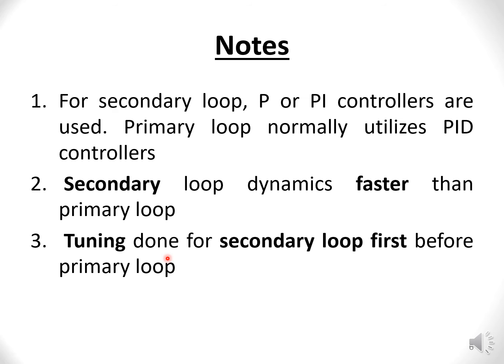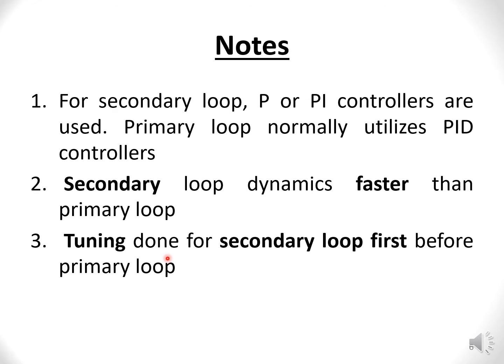We have to handle that first, so we tune that first, by manual or trial and error, and then only we go to the primary loop, which we have to tune in a more sophisticated way. The tuning of the outer, the primary loop is most important. The primary loop is the main loop. It's the one that we are trying to control.